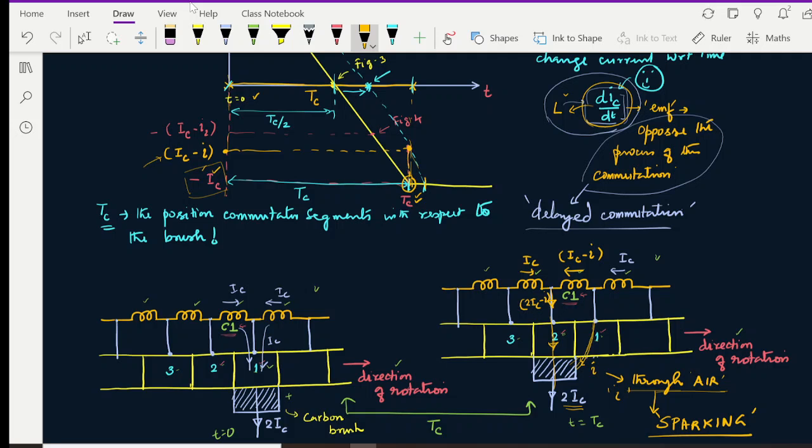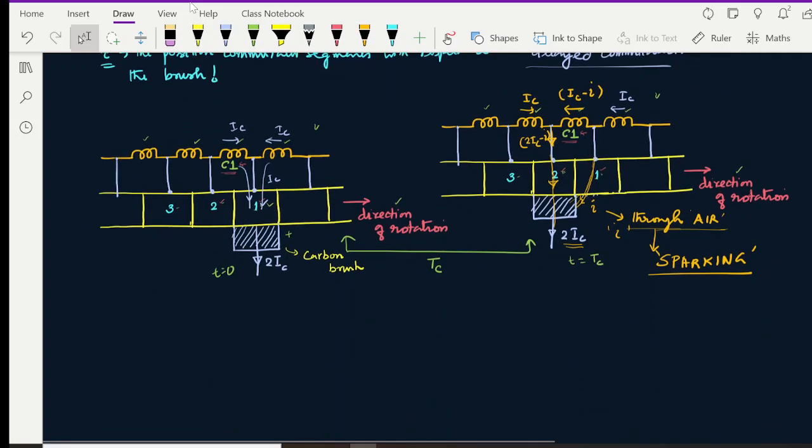So because of that, though the brush has completely come to the position of 2, the current supplied by coil 1 is still IC minus I, and coil 3 tries to supply IC. So the total current trying to come out from commutator segment 2 is simply 2IC minus I, but the load tries to draw 2IC from the machine.